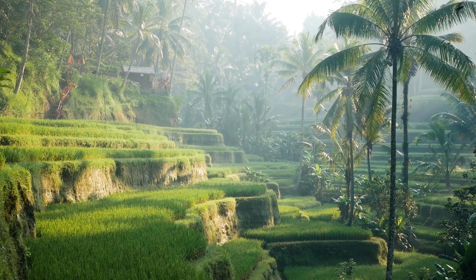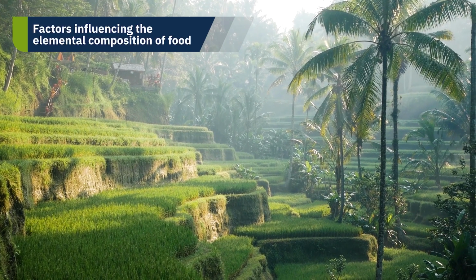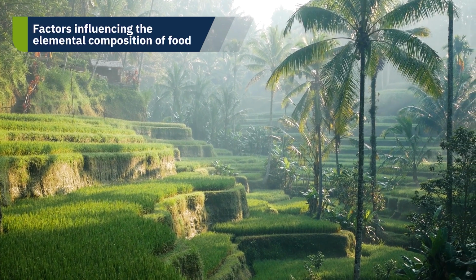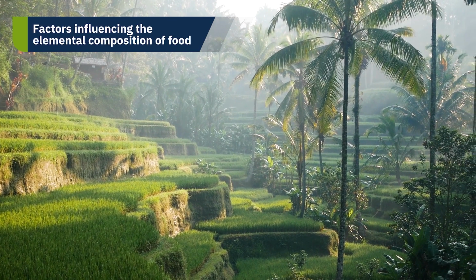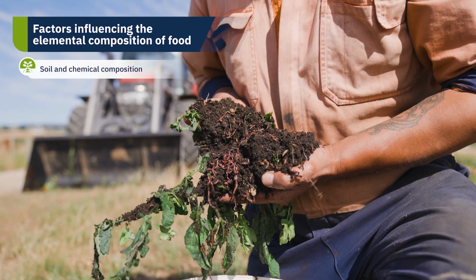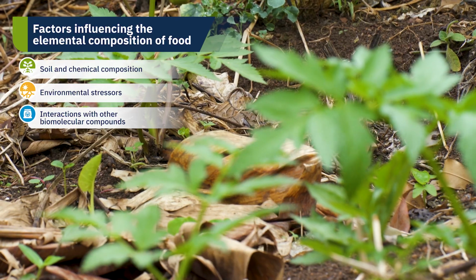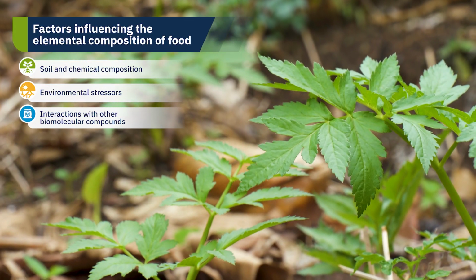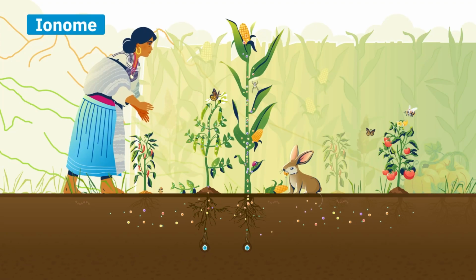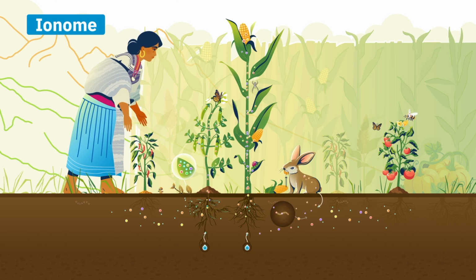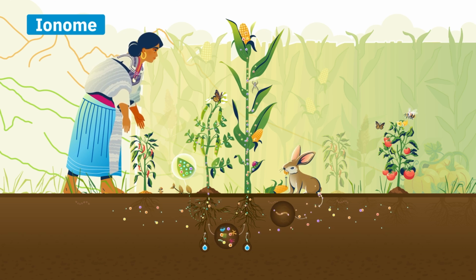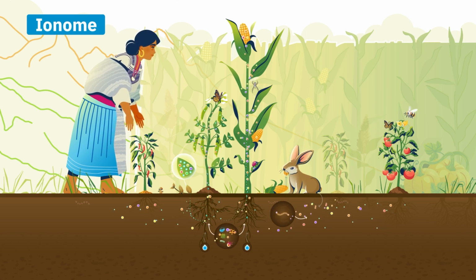Oftentimes, the balance and function of different elements within an organism is tightly regulated by the organism's genome. However, the elemental composition of foods can be influenced by a range of factors in the environment, such as the soil and chemical composition, environmental stressors, and interactions with other biomolecular compounds, such as proteins and metabolites. Think of the ionome as a massive social network of different elements constantly interacting with the genetic, physical, and chemical environment.